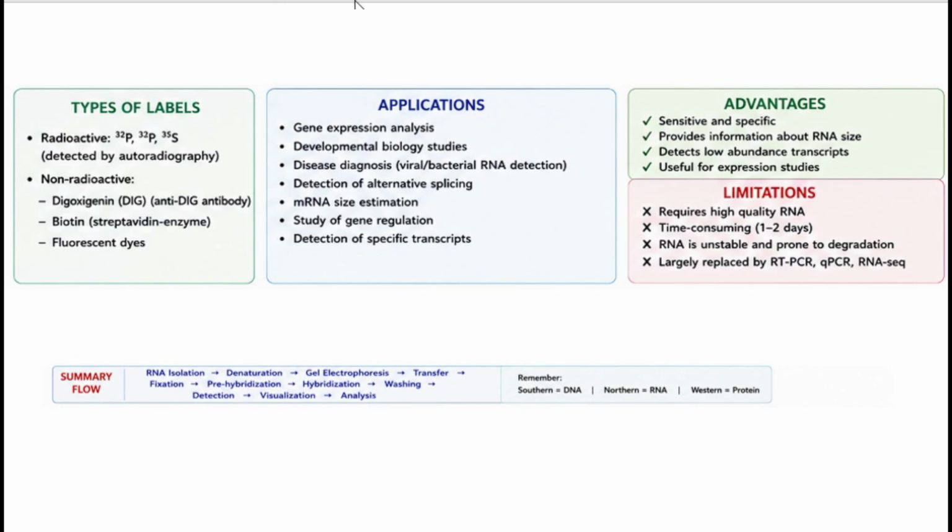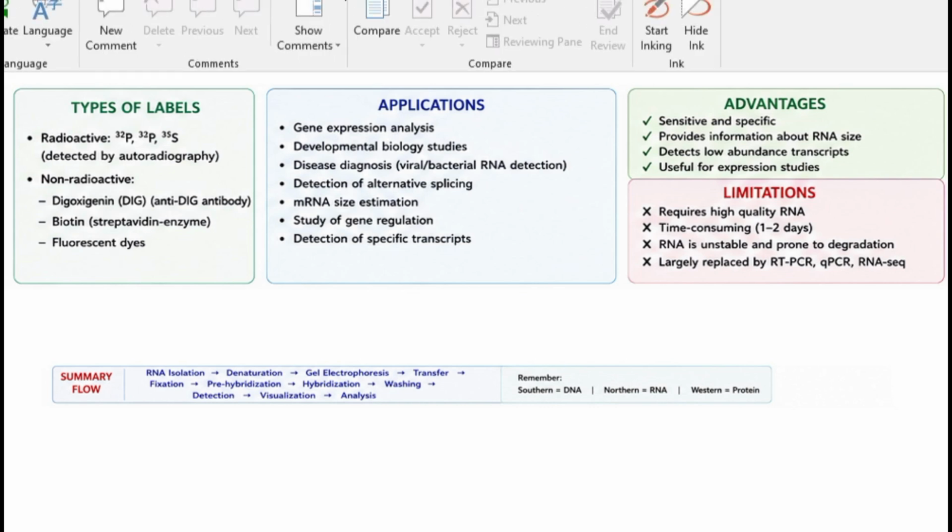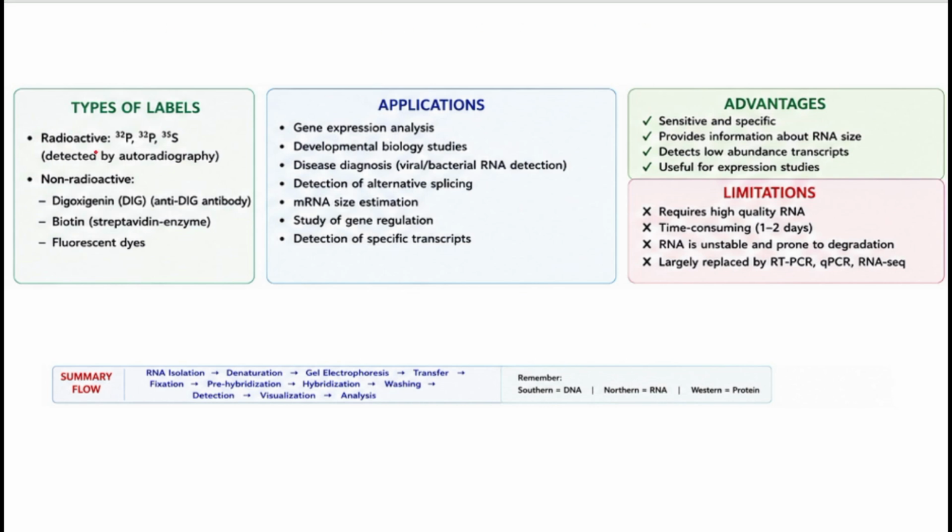So these are the types of probes or labels which we can use. The first one is the radioactive 32P or 35S probes, which are detected by autoradiography. There are also non-radioactive probes like DIG, digoxigenin and anti-DIG antibody, biotin, streptavidin, and fluorescent dye.